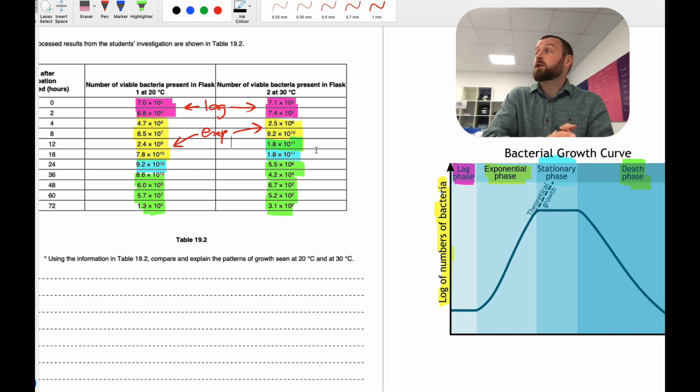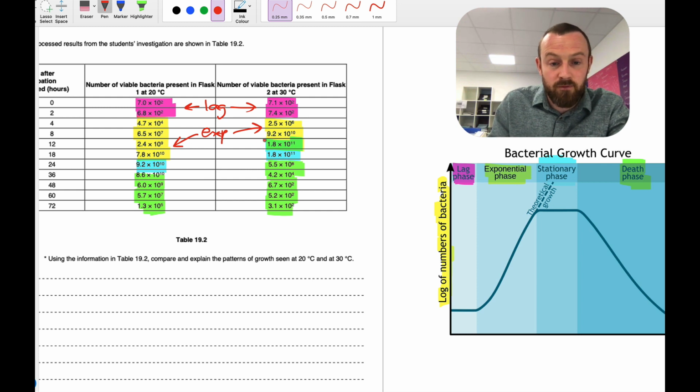Bacteria can replicate faster at higher temperatures. 30 degrees C is closer to the optimum temperature for all the bacterial enzymes, meaning metabolic reactions can occur more quickly, respiration can occur more quickly, and bacteria can replicate more quickly. That's the explanation for the differences in exponential phase.